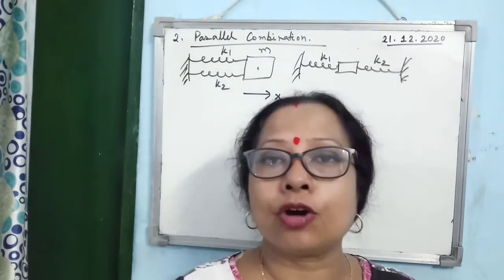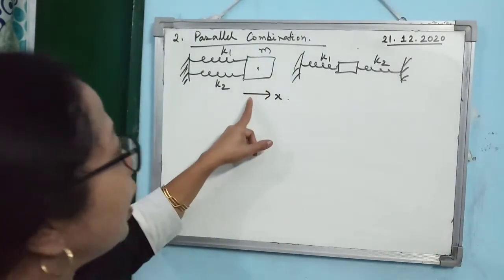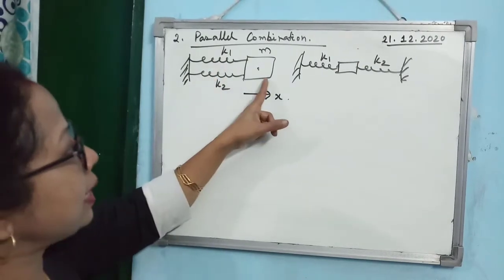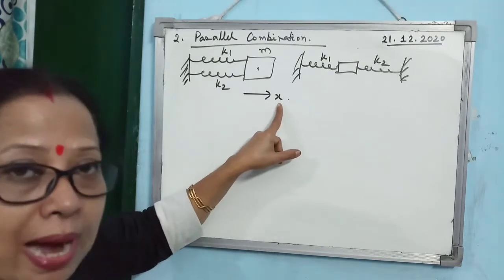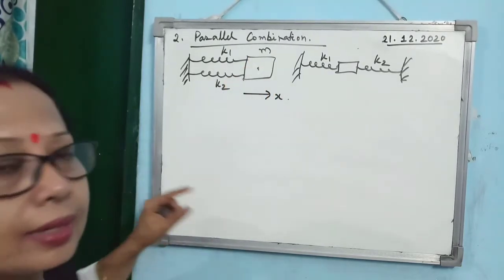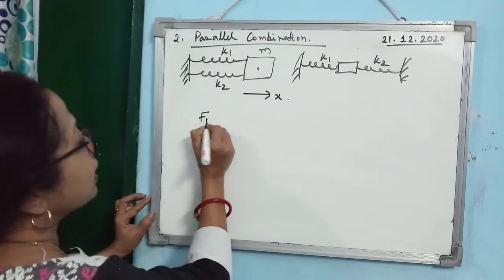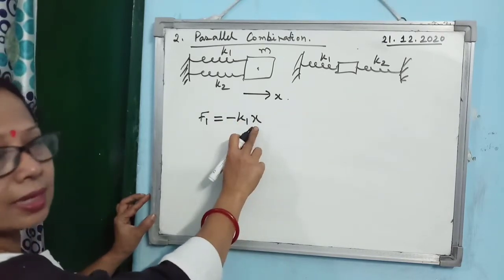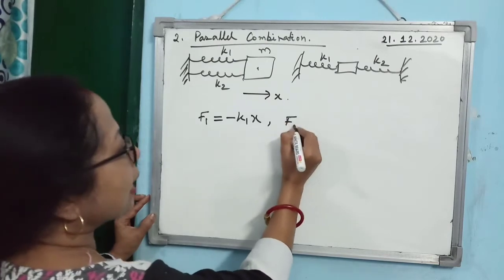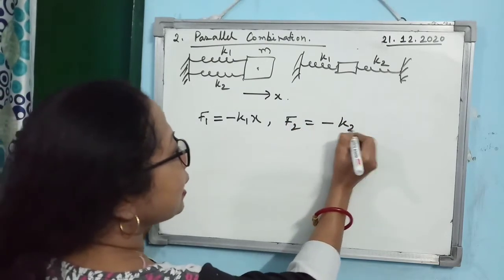But in case of parallel combination, what is happening? Both springs undergo the same displacement, X is same, but the forces are different. So what will be the force acting on the first spring? It will be minus K1X. What will be the force acting on the second spring?